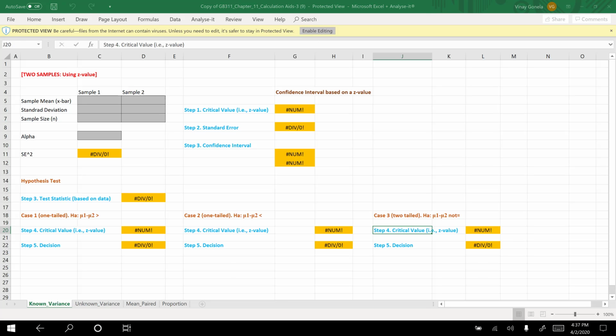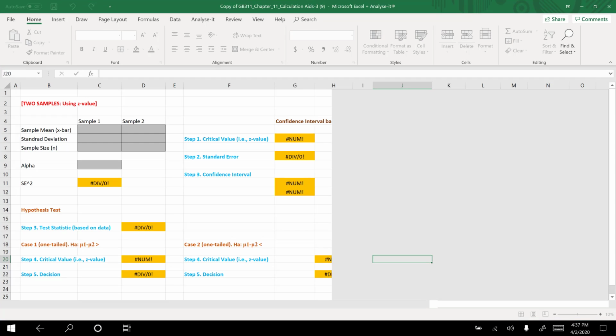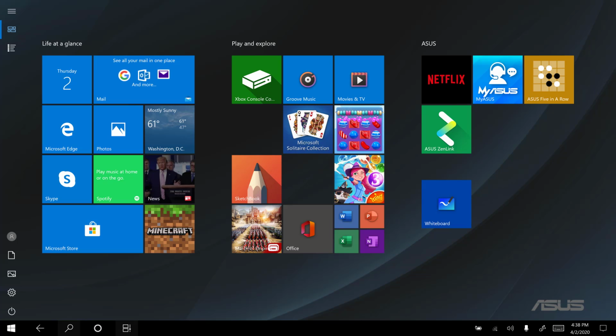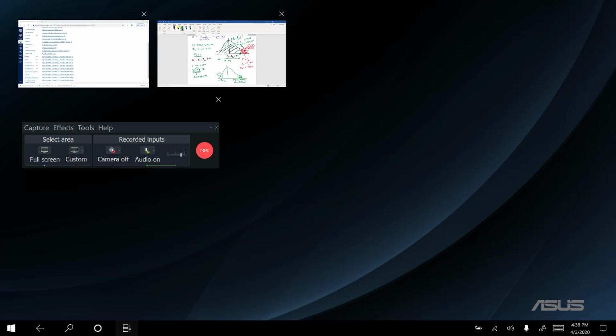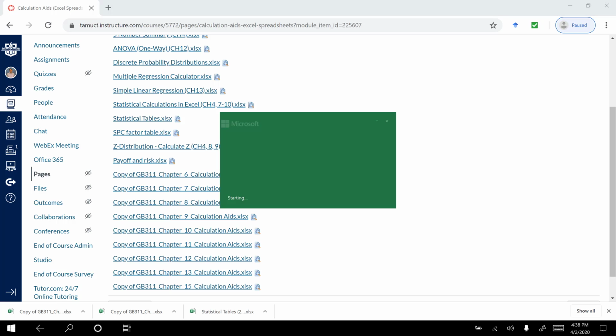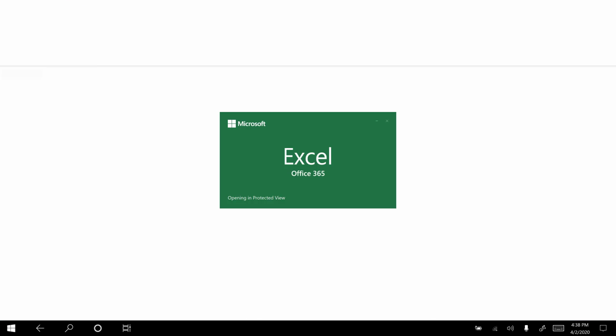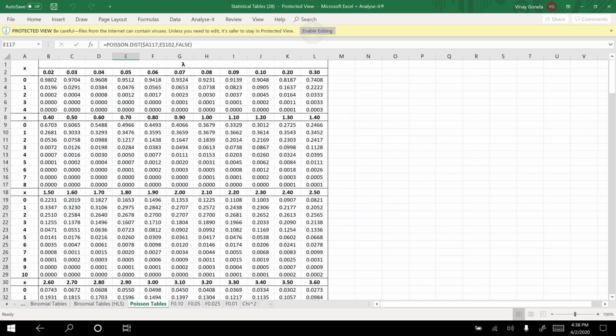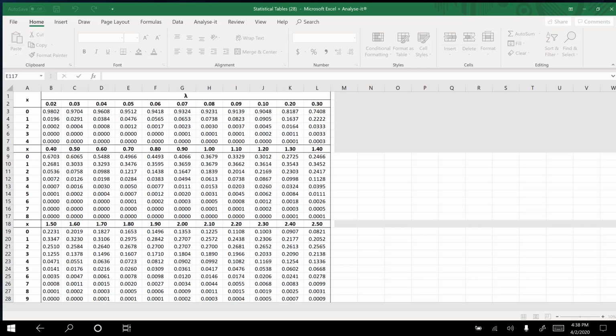Enable editing. Okay, I'm in the wrong sheet. I'm sorry for this. I should have gone to statistical tables. So I will download statistical tables and enable editing.